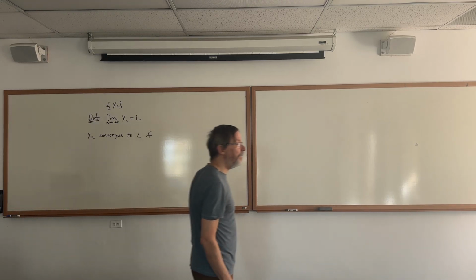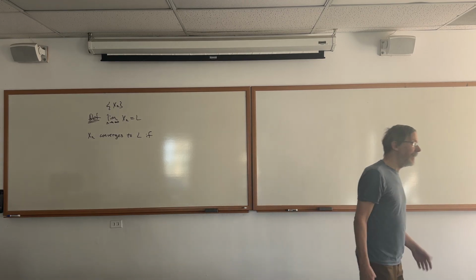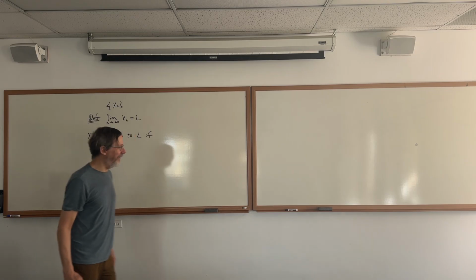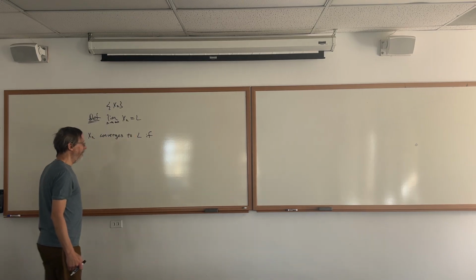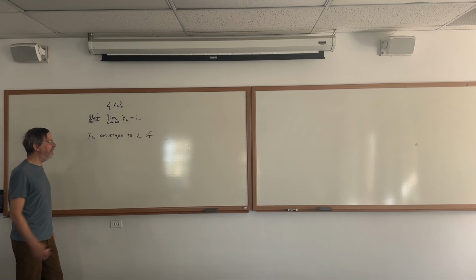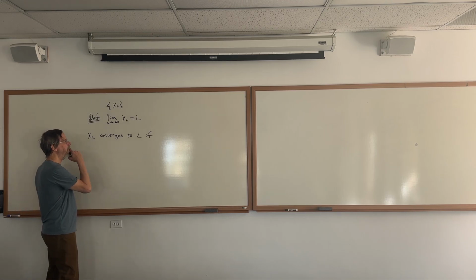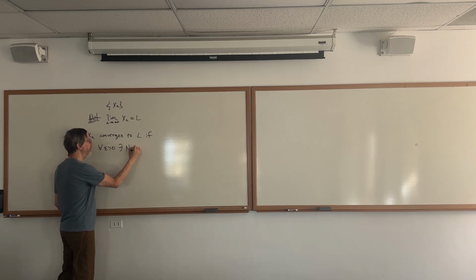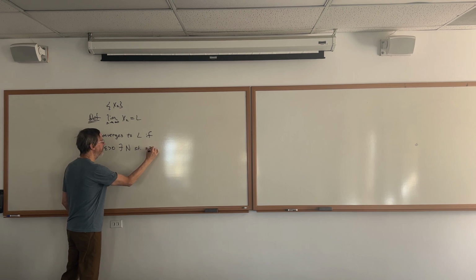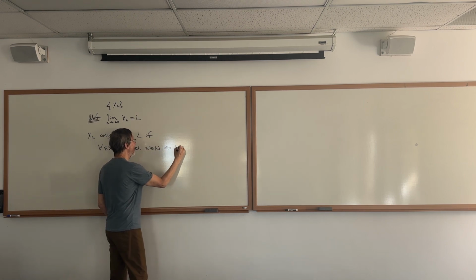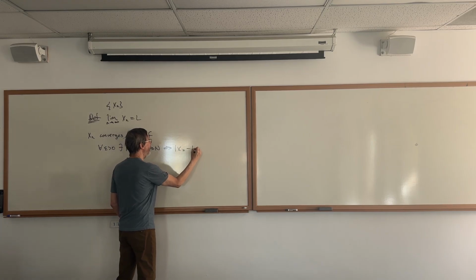All right, we either kind of got that, or we have to recreate the history of analysis at our desks in several minutes. Christian, you seem like you might have it there. I said x converges to L if for any epsilon greater than 0, there exists big N such that little n greater than big N implies that the absolute value of x sub n minus L is less than epsilon.